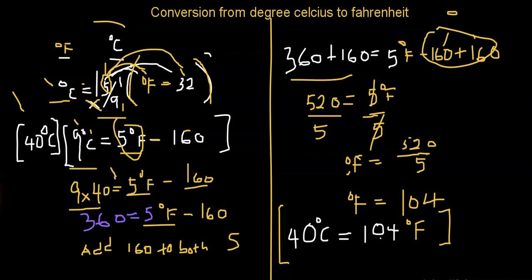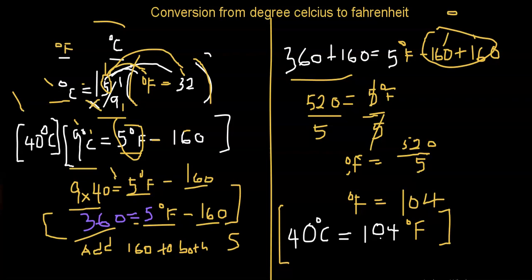Now, 9 times 40 gave us 360, which is equal to 5 degrees Fahrenheit minus 160. Alright, we then had a simple equation here. 360 is equal to 5 degrees Fahrenheit minus 160. Now, to make degree Fahrenheit stand on its own, we have to add 160 to both sides of the equation.